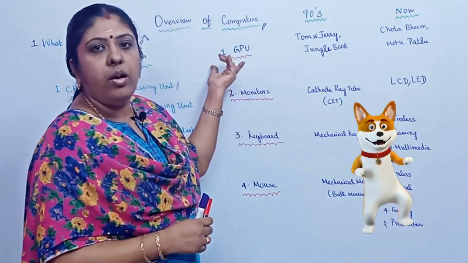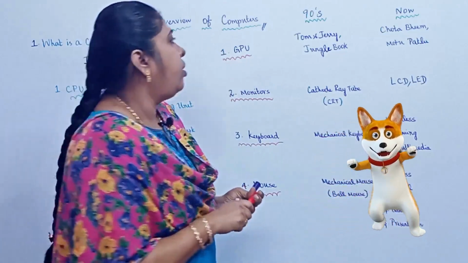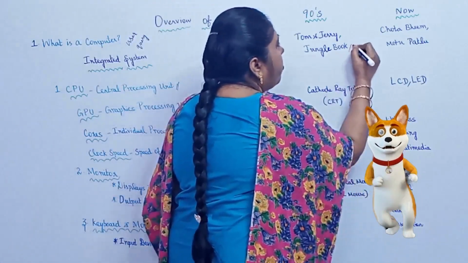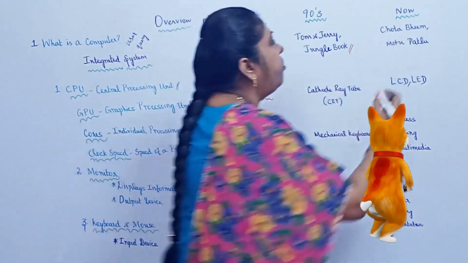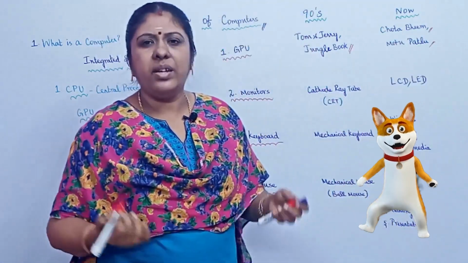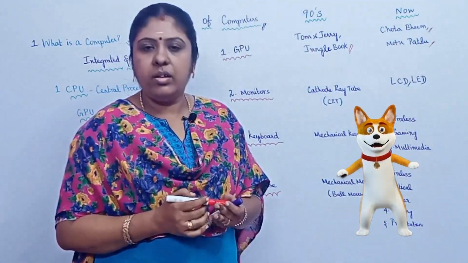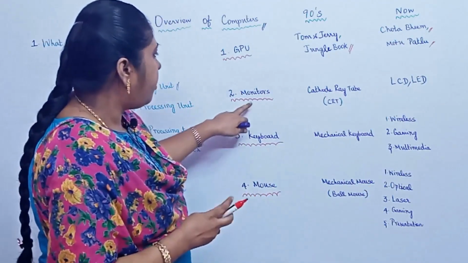Everything is possible only with the help of this graphics processing unit. And now the 2K kids have enjoyed watching Chota Bheem, Motu Patlu and so on, and many series we are enjoying and watching now. And now next we move on to the monitors.